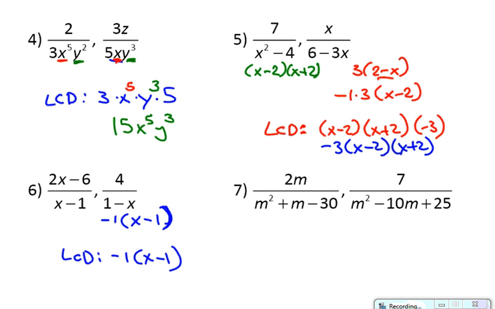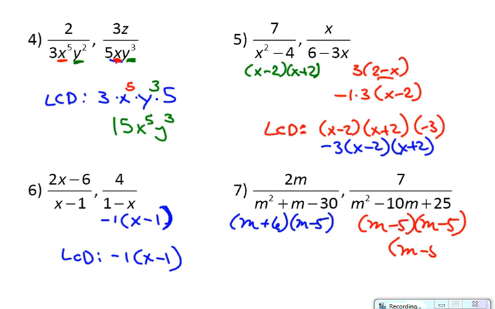And 7, one last one. I need to factor these because they're trinomials. So this will factor into m plus 6, m minus 5. And then my next one is going to factor into m minus 5 and m minus 5 using the AC method. Oh, look, the m minus 5 is a repeated factor, so it's going to be written as m minus 5 squared.